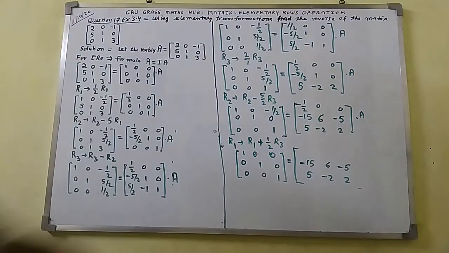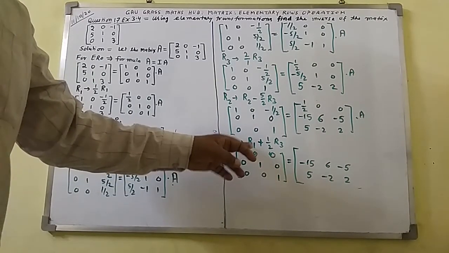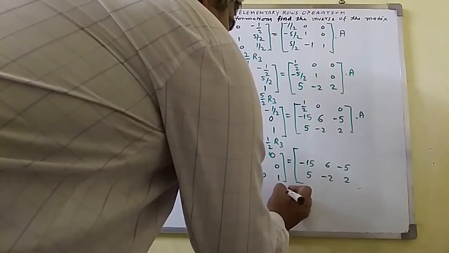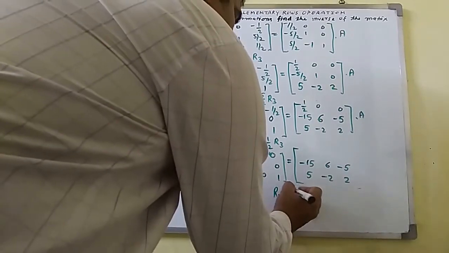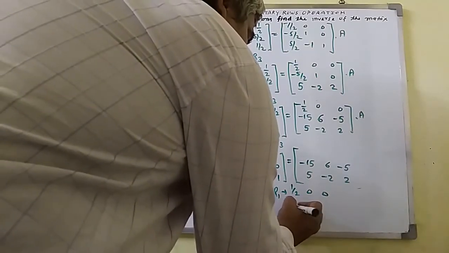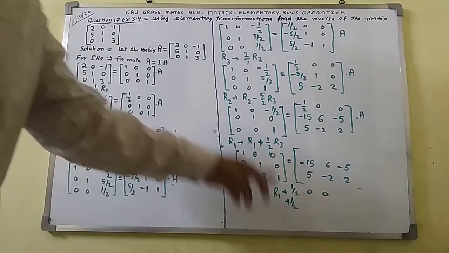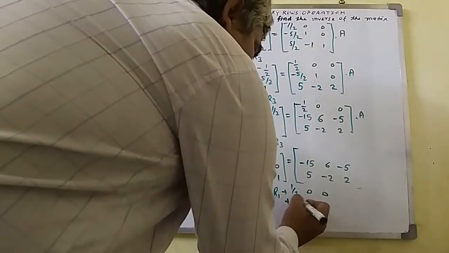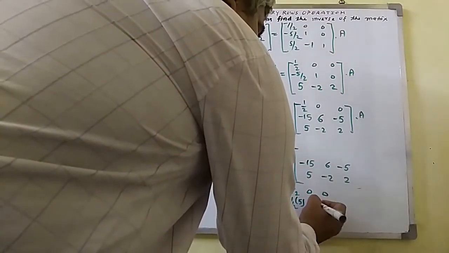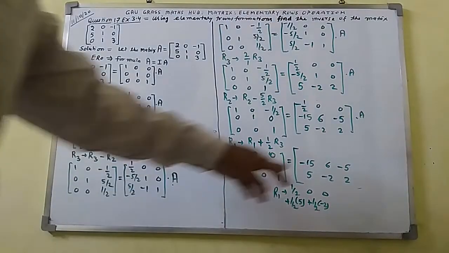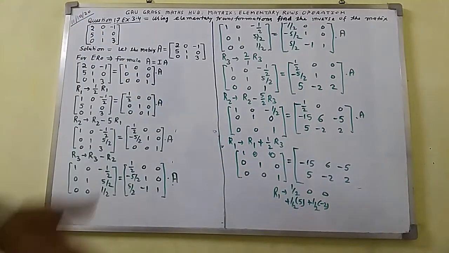And changes will happen in the first row: R1 goes to R1 plus 1 over 2 times R3. In place of R3 here write 5, so this will become 5, and here plus will be there. In place of 1 over 2, minus 2 I shall write here.